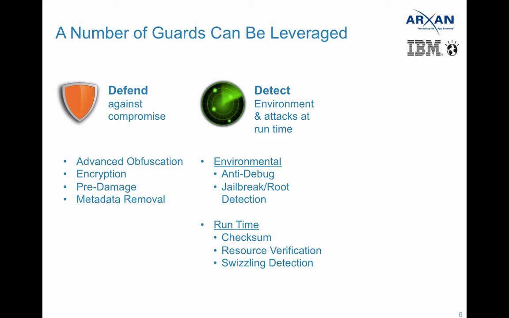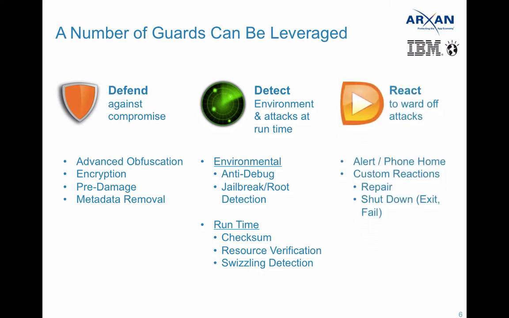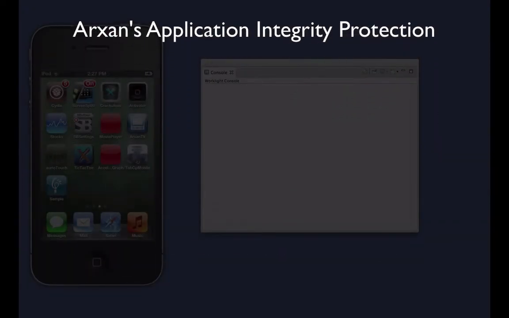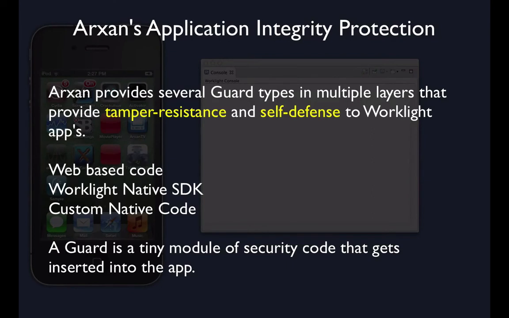Guards can check the environment in which your application is running to ensure that it is not running in a rooted or jailbroken device, or in the presence of a debugger. Lastly, guards can allow a mobile app to react to a binary attack in a number of different and sophisticated ways. Let's briefly explore Arxan's integration with IBM Worklight.